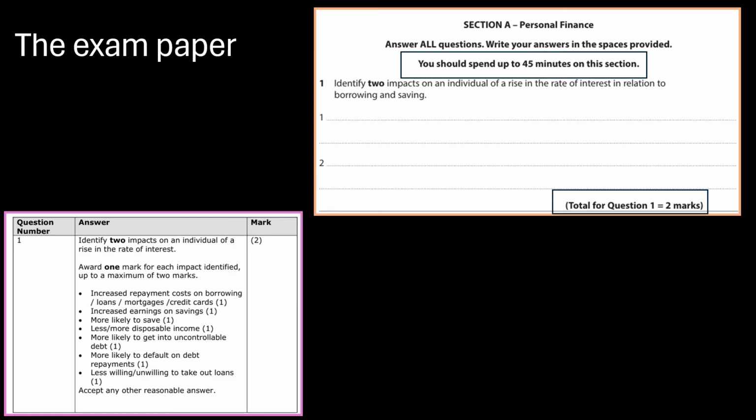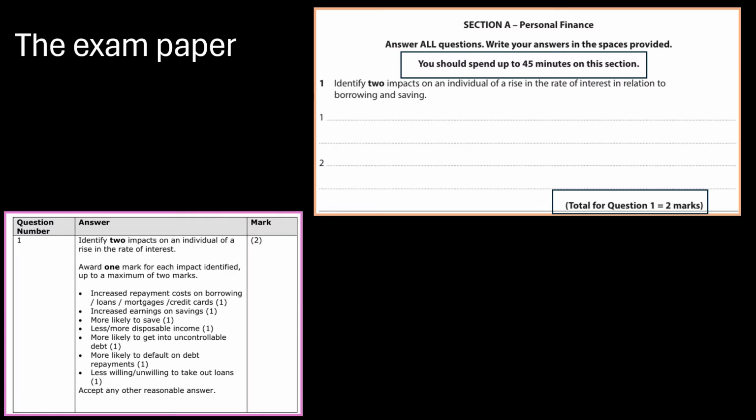So you've got increased repayment costs on borrowing, like loans, mortgages and credit cards. So that's true. Increased earnings on savings. So if interest rates went up, you'd get more money on your savings. You're more likely to save if there's a higher rate of interest. Less or more disposable income, so less money if you're having to pay more on your loans, or more money if you're receiving interest on your savings.